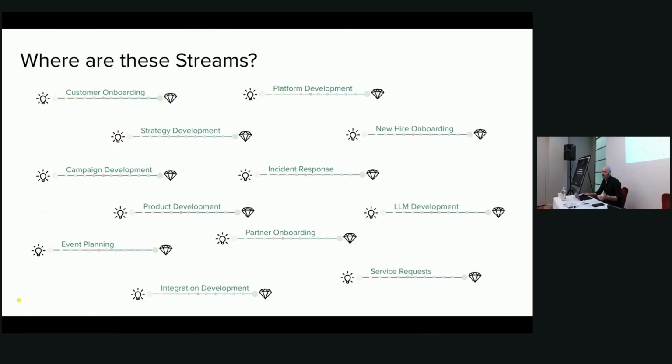There's a lot of different things. You can do sales processes, marketing, campaign development, event planning. All of these things are flows of activity with clear start points, clear end points, and performance and throughput matter. The amount that we're able to get done is really consequential.